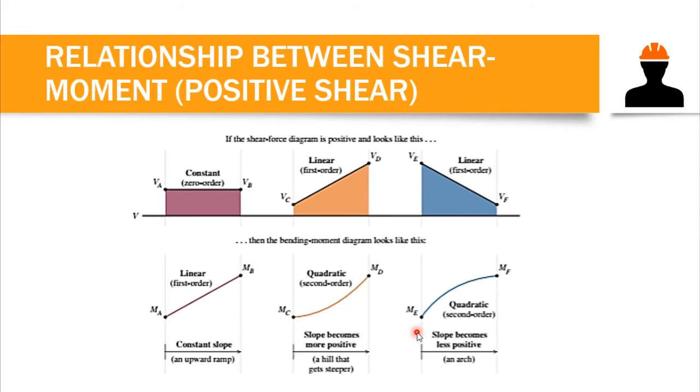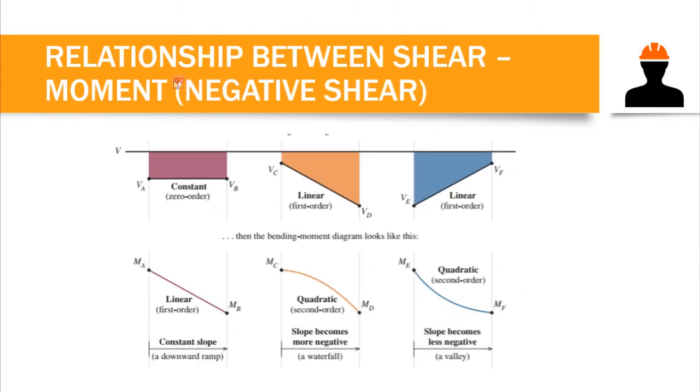Okay? Now, for negative shear, we have negative shear if our shear is plotted below our reference line, like this one. The same as with positive shear, if our shear is in zero order, then our moment diagram should be in first order, or linear.